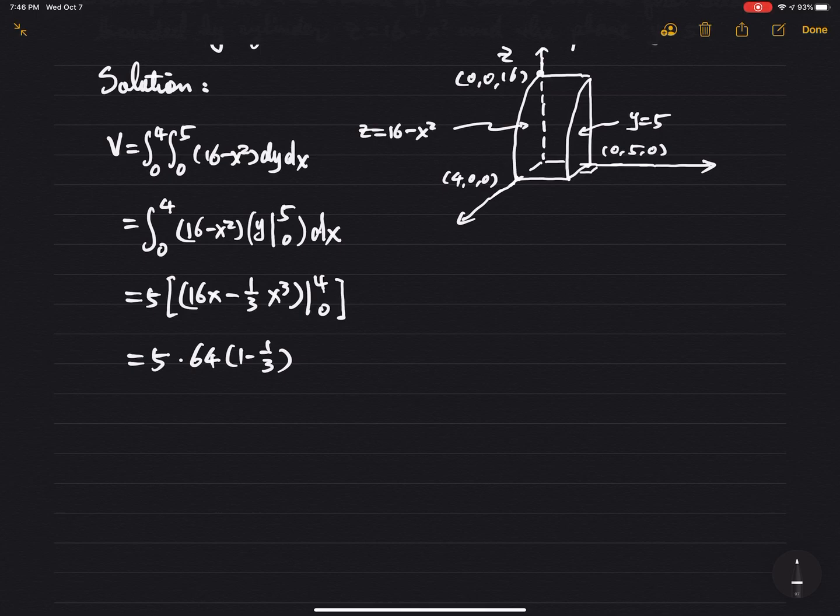I'll let you check. 2/3 times 5 is 10 over 3, times 64, so that's equal to 640 divided by 3, or 213 and 1/3. That's a volume unit.